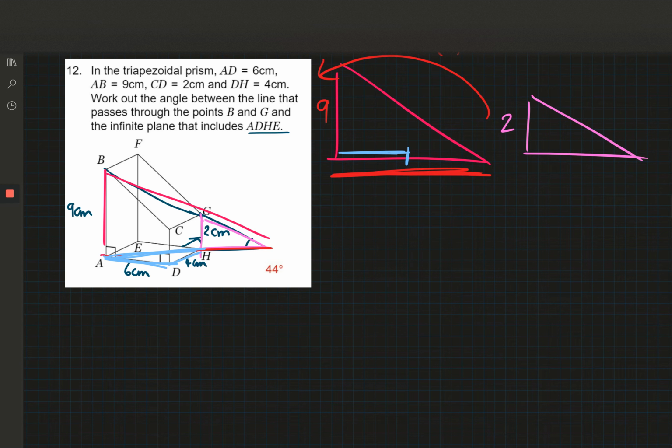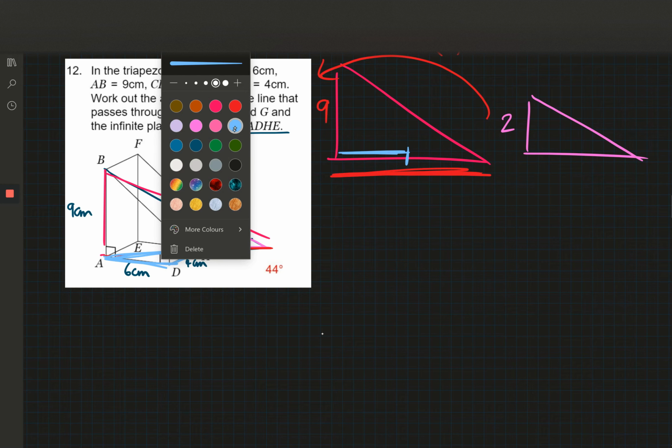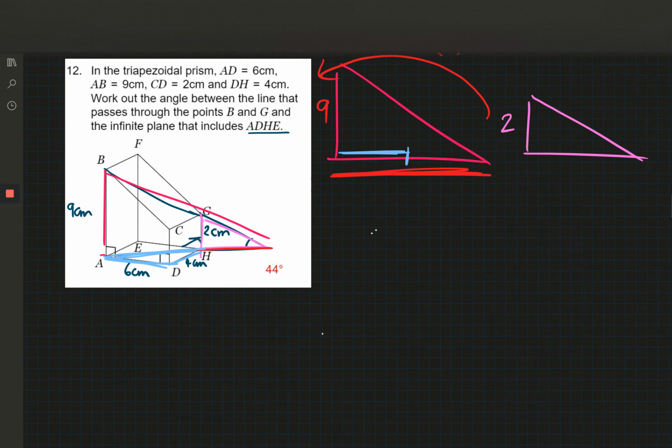So let's work that out. Looking at triangle ADH, that's 6, that's 4, that's meant to be a right angle here. So 6 squared plus 4 squared equals AH squared.